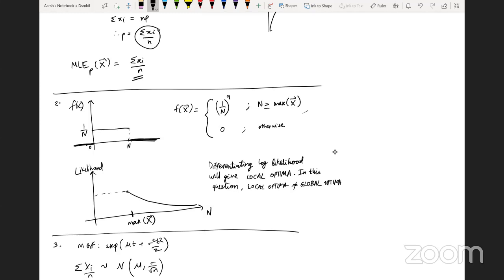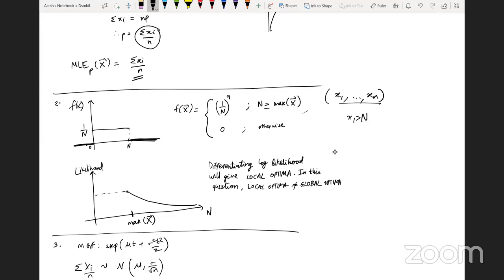If we are observing samples, let's say x1 to xn, it means they are all distributed like this. We are considering candidate n's for the likelihood function.